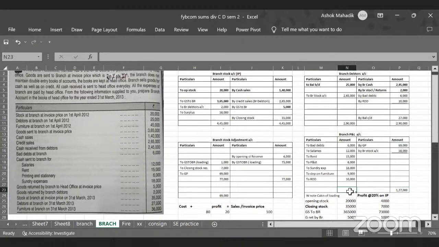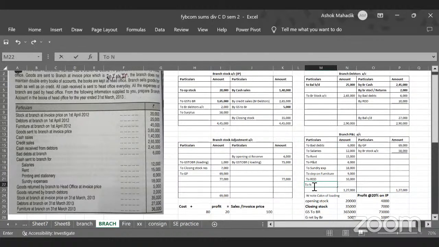$127. 127. Total of debit side is 76,000. Okay.